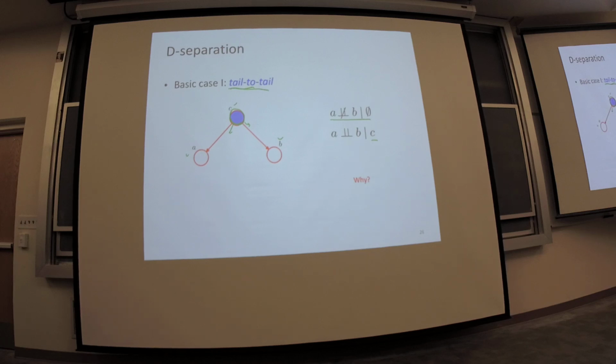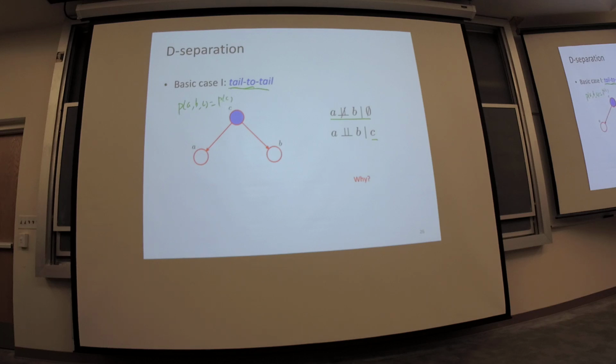According to this structure, the joint probability for A, B, C can be written as P of C, starting from the parents, and P of A given C, and P of B given C. And if we look at whether A and B are independent of each other marginally, we need to look at the joint probability of A and B. If they are independent, it should factorize as P of A multiplying P of B. Now we need to verify this with the joint distribution.